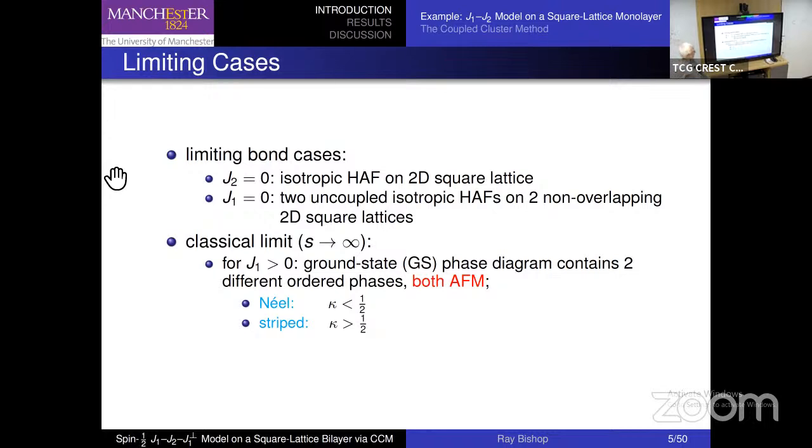And what you expect is that as J2 increases, and I'm calling this ratio of J2 upon J1 kappa, because J1 just sets the energy scale of the Hamiltonian, and the only relevant parameter is the ratio of these two things. And at a certain value, and we will see what that value is, this other state sets in, which is the one that the J2 by itself would like to promote. And let's have a look.